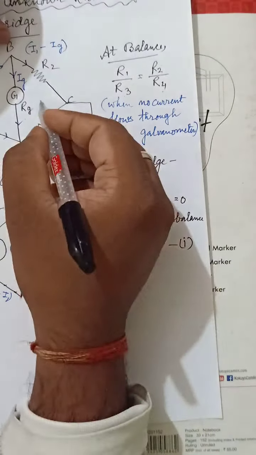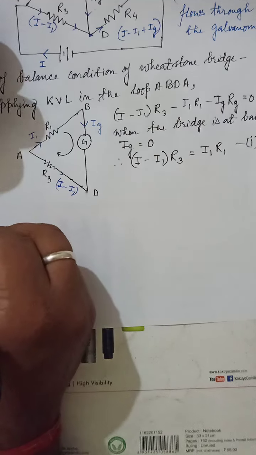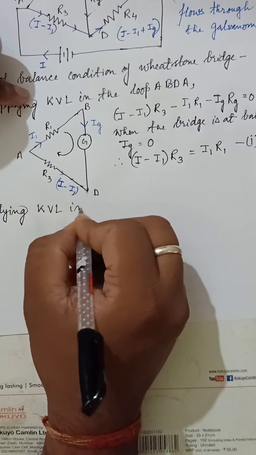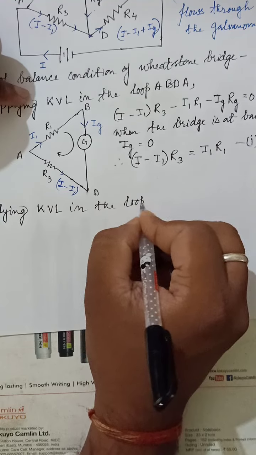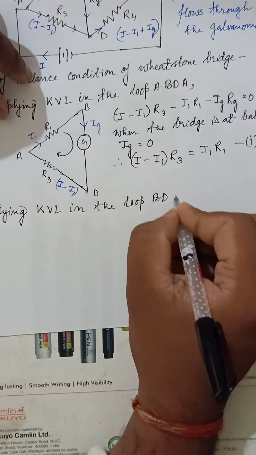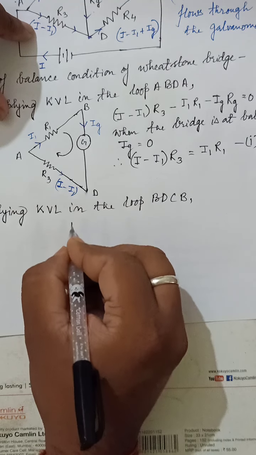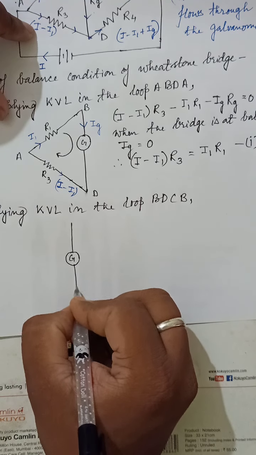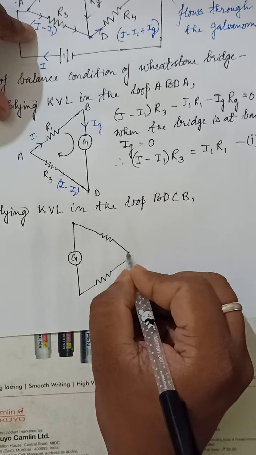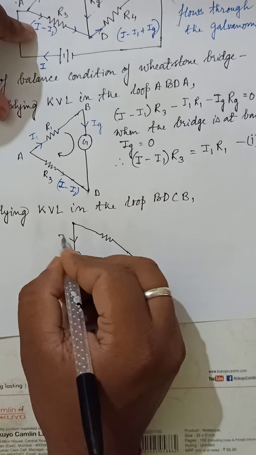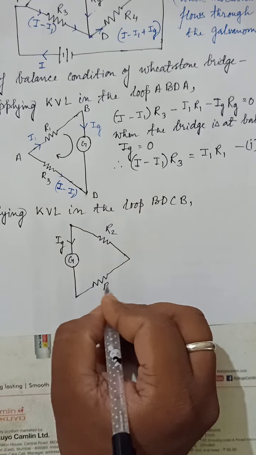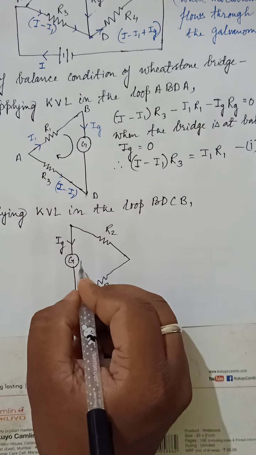Now we will apply the KVL in the second loop. So applying KVL in the loop BDCB, we are getting: this is Ig, this is resistance R2, this is resistance R4, okay, and resistance of the galvanometer Rg.